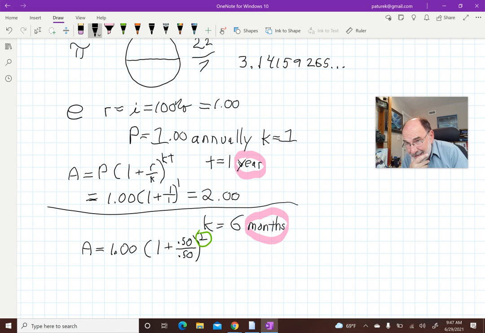T is the amount of time that goes by. Oh, the 2 might be correct.